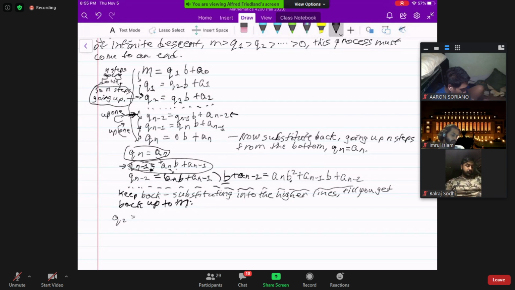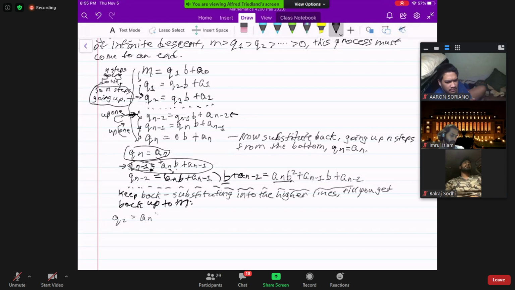This up here, m is the nth step. This is the n minus first step. Q sub 2 is the n minus second step. And so that's going to be, just like the others, it starts with A sub n.